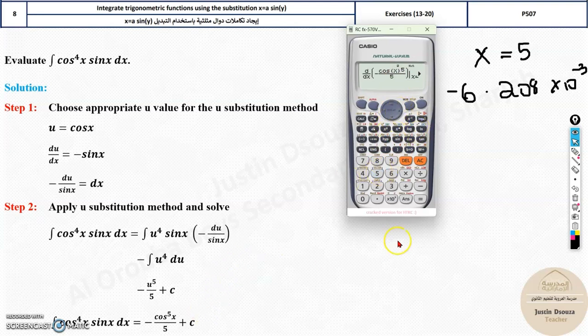Over here you do not need to write c because c is a constant, its derivative will be 0, so you can ignore that. And now what is the x value? We solve for phi, don't change that, please use the same phi, and now solve, it will be exactly the same.